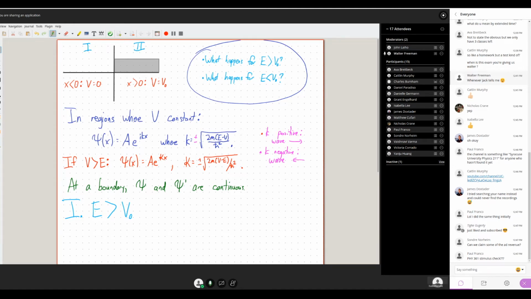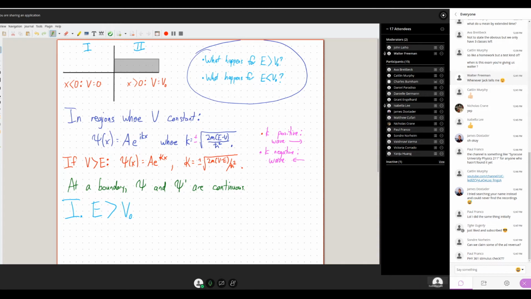So are we going to have the case with k, with oscillatory things, or the case with kappa, with decaying things in these regions? I'm just making sure the energy of the system is greater than the potential.